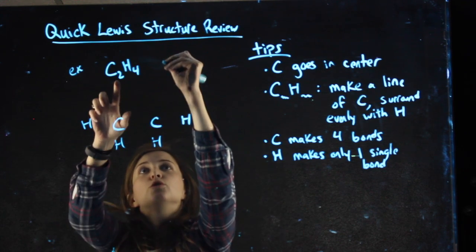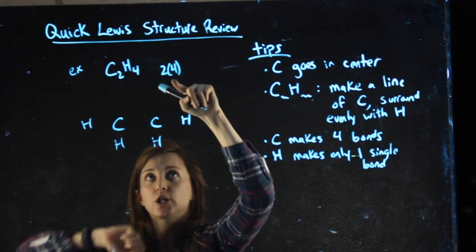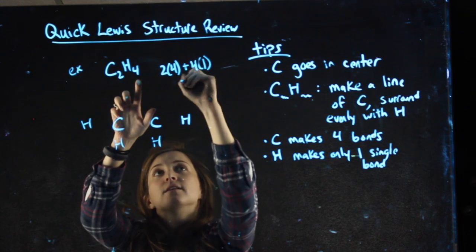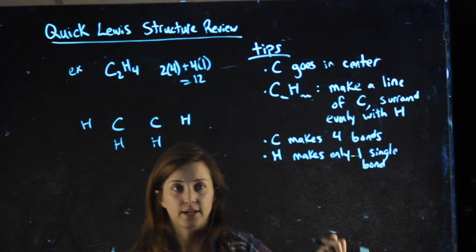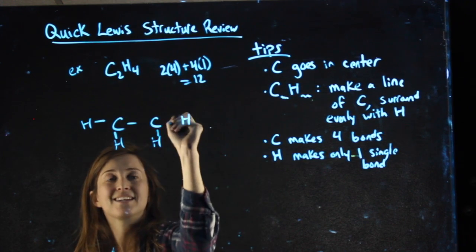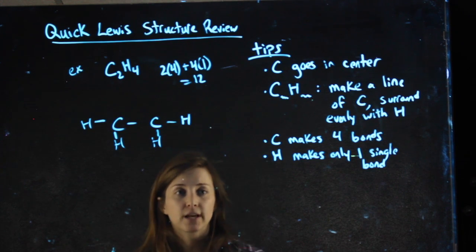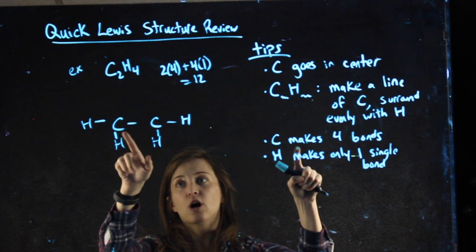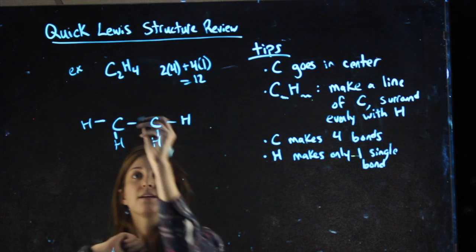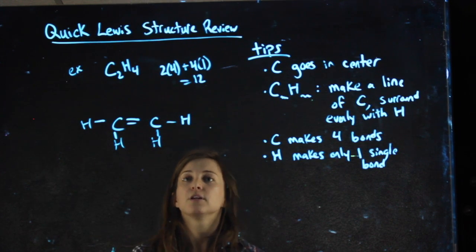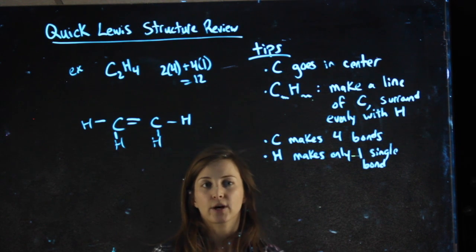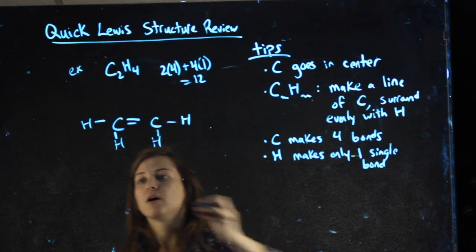Counting my total, 2 carbons that each have 4 valence electrons based on the fact that it's in the 4th column. 4 hydrogens that each have 1, so 8 plus 4, 12 electrons. Just watch, I'm just going to draw bonds. 2, 4, 6, 8, 10. I only have 2 more electrons to draw. Because of this, I know that carbon each needs 4 bonds. They each only have 3. So 2, 4, 6, 8, 10, 12. You can double check everyone's happy, but I have the right number, and these tricks helped me get there a little quicker. That's one example.